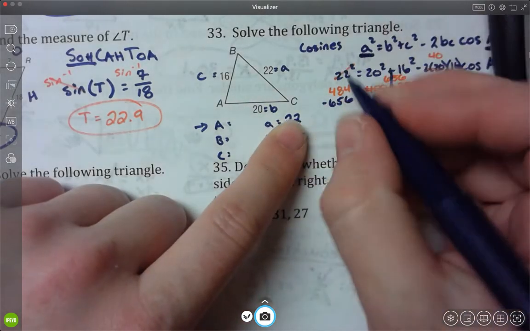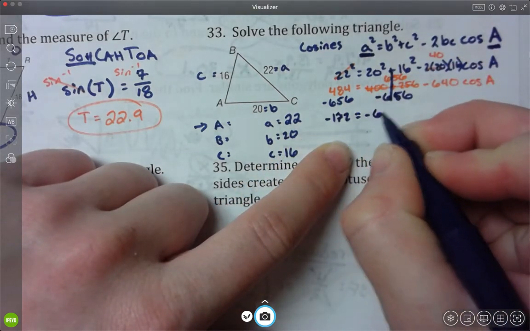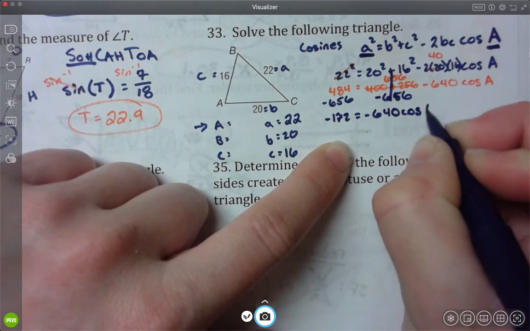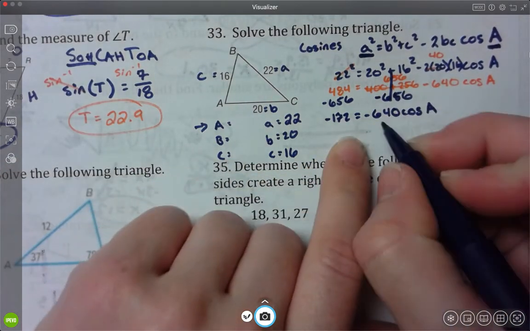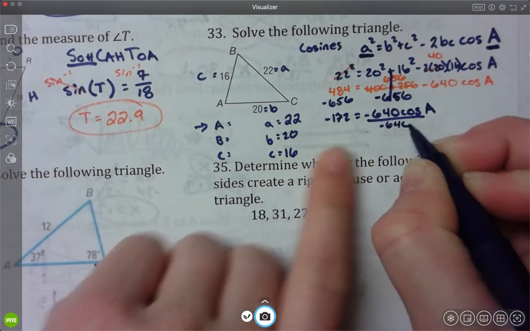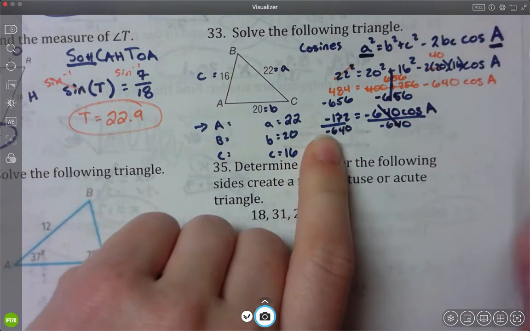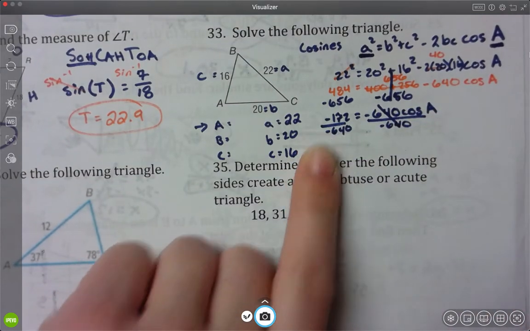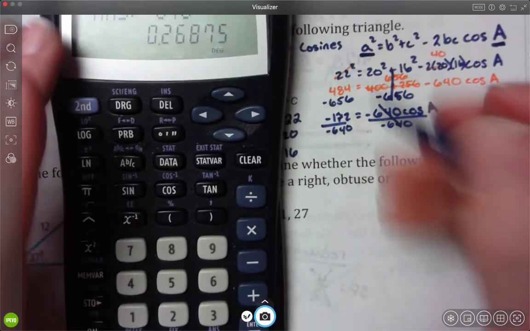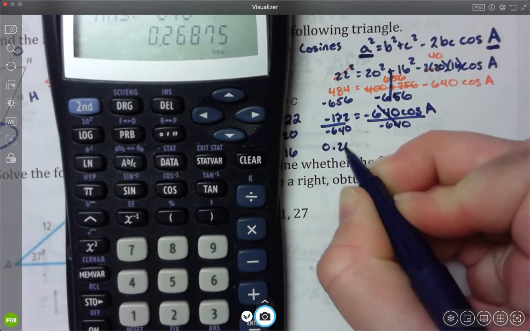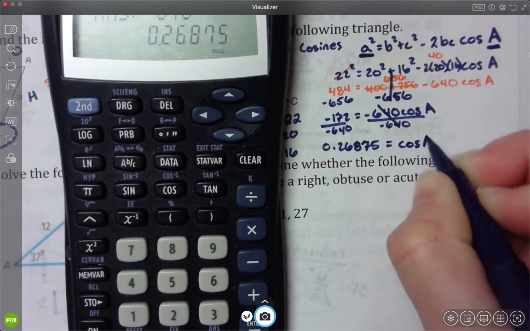Okay, is negative 172 equals negative 640 cosine of A. Okay, now we're almost done unwinding the equation. I need to get rid of the 640. So I'm going to divide by negative 640. And what that's going to do is it's going to turn this left side to be positive. So negative 172 divided by negative 640 is going to be 0.26875. Blech. That's what cosine of A is.